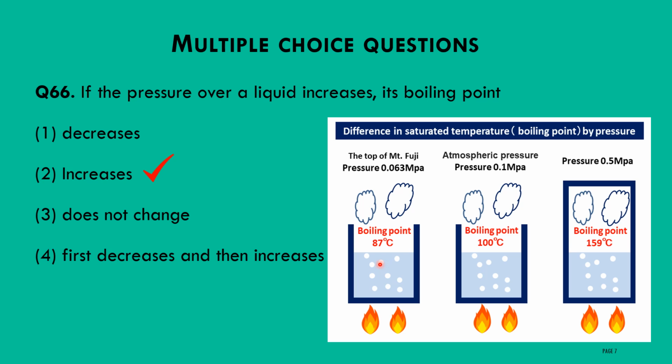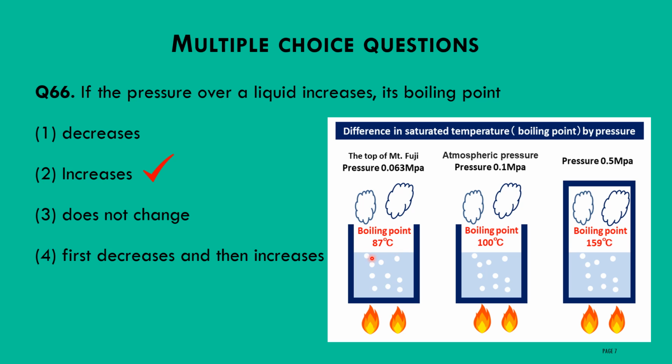To explain in detail, I am considering the same type of liquid here, but taking three different pressures. Then how will the boiling point vary? Here they are asking, if the pressure over a liquid increases, then what is the change in boiling point?